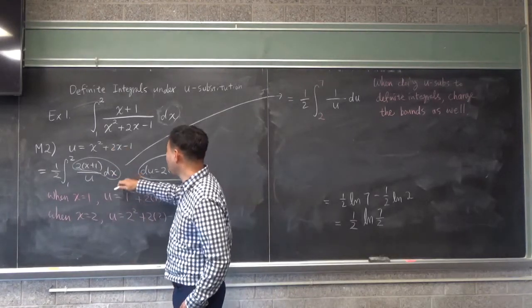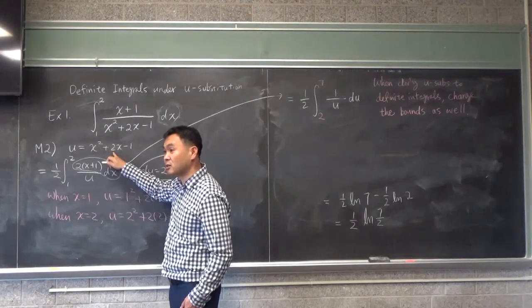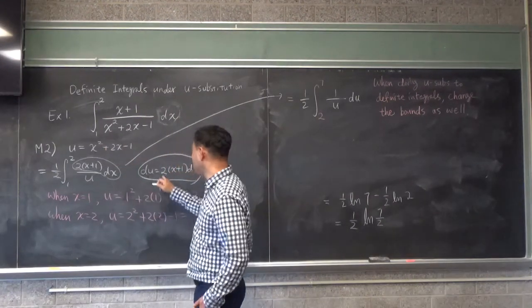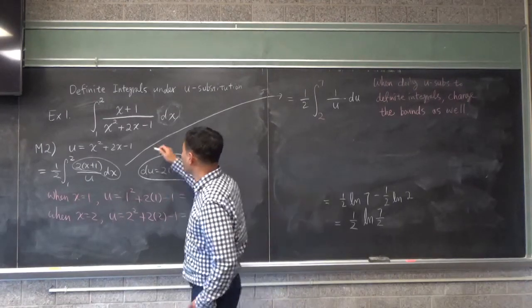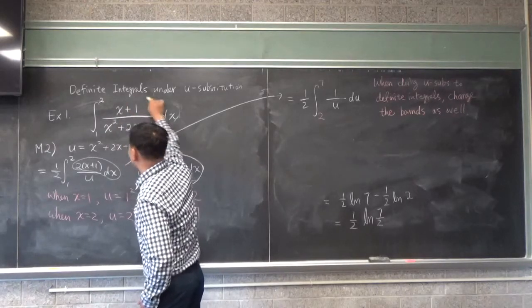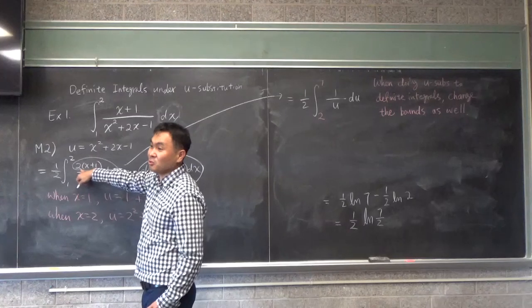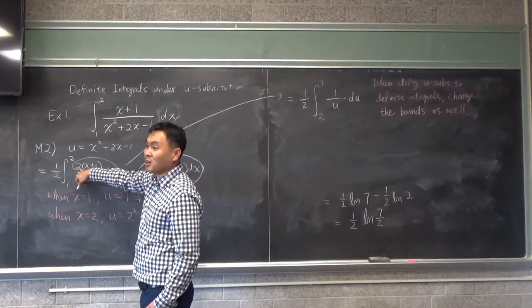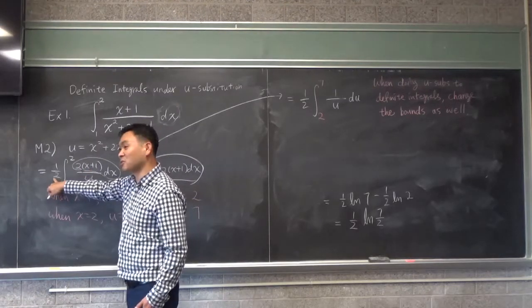I just wanted to point out that if you differentiate this, you get 2x plus 2, right? And if you factor the 2 out, you get this. And I'm saying, I wish there was a 2 there because then I can just say it's du. But I'm lacking a 2. So you wish for something, and how do you get it? By putting something that would cancel it.